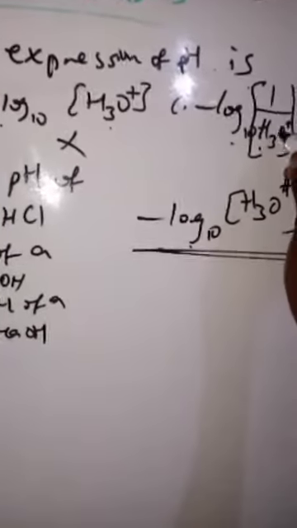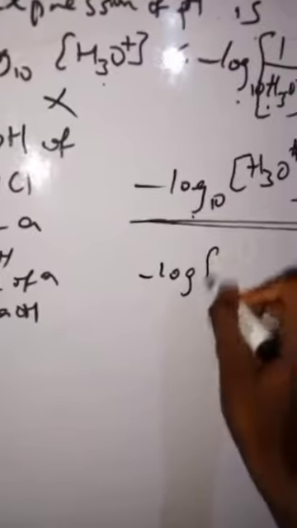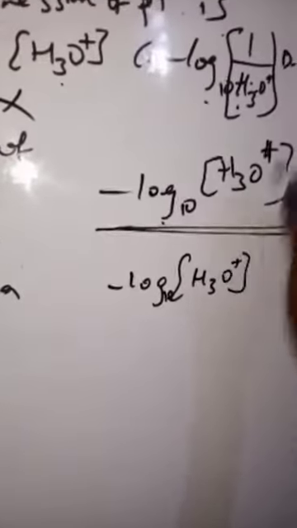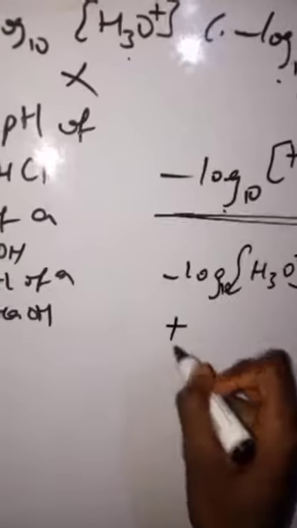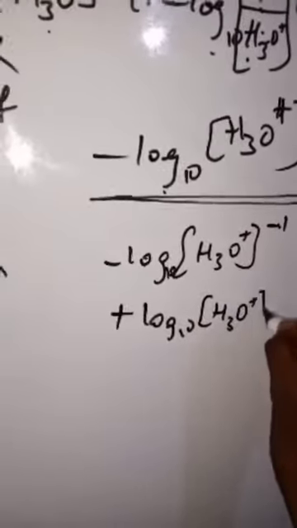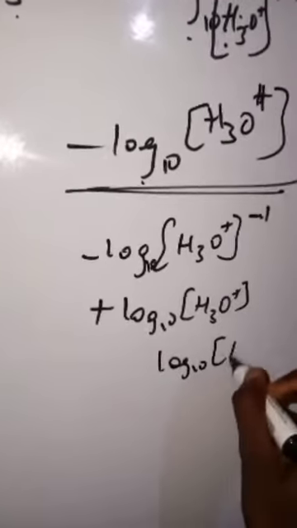Yeah, let's take this one. This one has minus. Exactly. But if you bring this one up, minus log, this one will be what? Base 10 H3O plus raised to power what? When you want to remove the 1 over, it will be minus 1 indices. When this minus 1 comes to the front, it becomes plus log base 10 H3O plus.